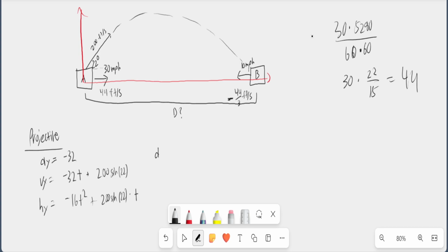And then our acceleration for the x is, now actually here's a unique question I want to ask you guys. Let's say the car that it's on, car A, was accelerating at 2 miles per hour squared, right? Would our projectile have an acceleration or not?